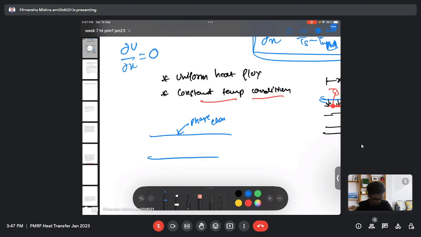So if there is evaporation or condensation or any kind of phase change at the surface, then there will be a constant temperature condition, because phase change always happens at constant temperature.